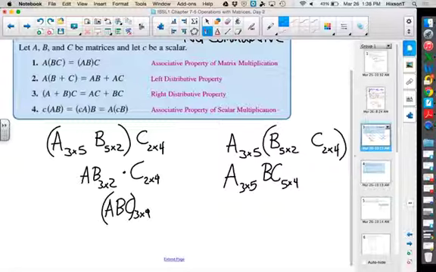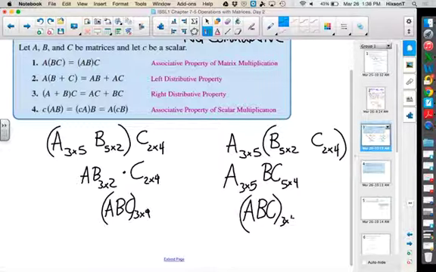And then, what do you end up with? Once you multiply A by B and C, you get a 3 by 4 matrix. Same thing. The only thing we can't do is A times C and then try to throw B in. It's not like real numbers. But as long as you keep the order the same, you can do it in whatever order you want.